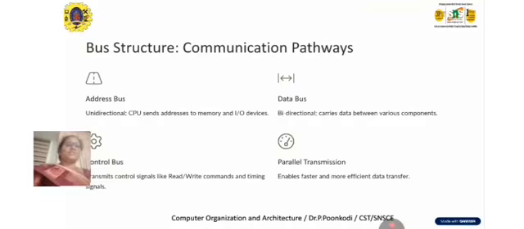The data bus is used to carry the data between the components. The control bus is used to give control signals like read or write commands. And parallel transmission is used to enable faster and more efficient data transfer.